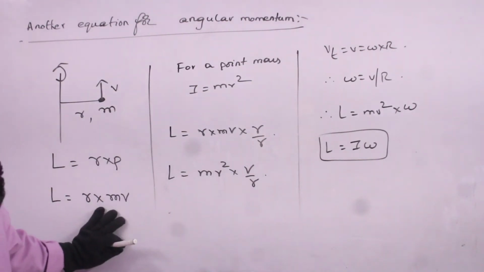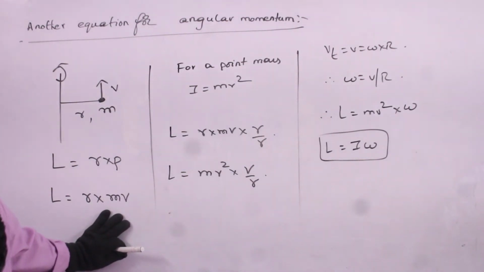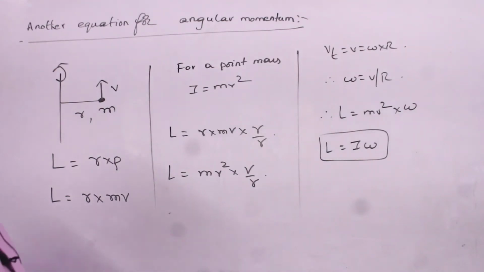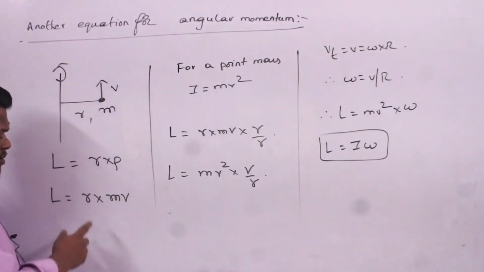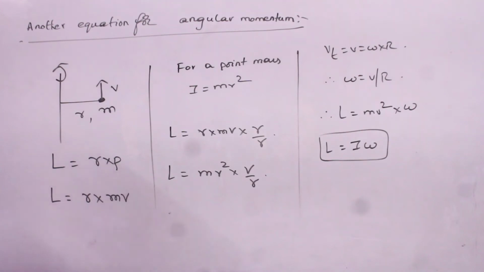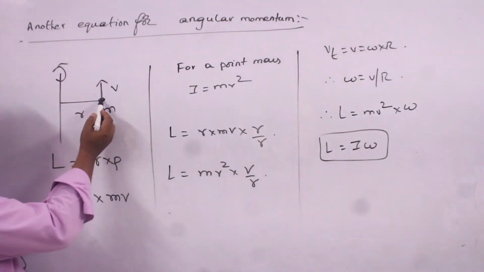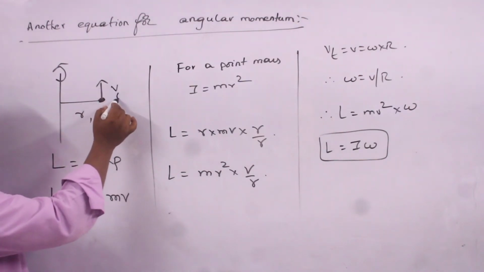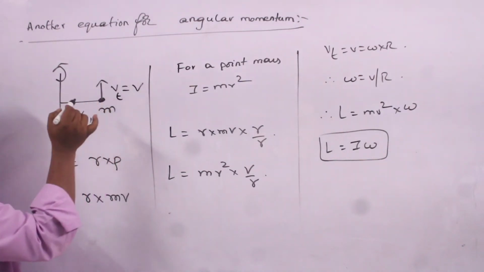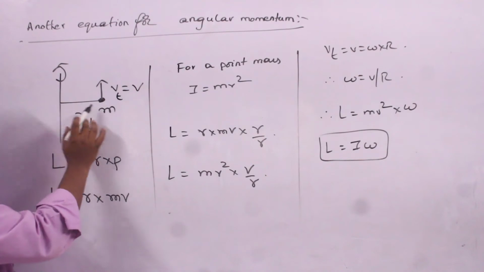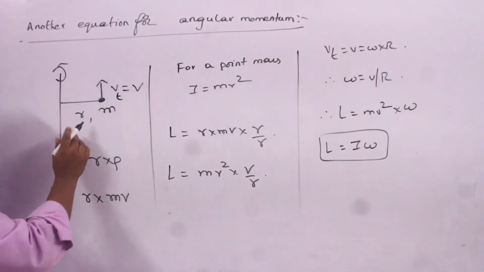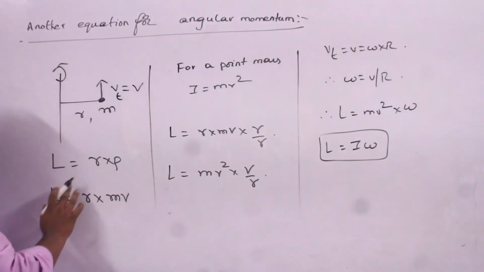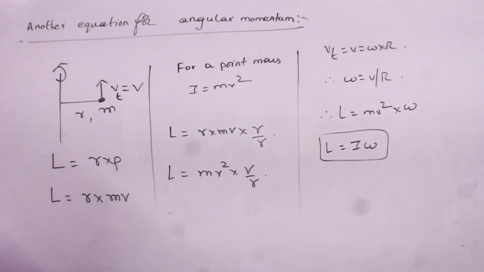One equation we have already studied: r into p, or mvr. Now see here, this is a point mass moving with a tangential speed of V, and the velocity is inside the board. The perpendicular distance is R. Then these are the equations of angular momentum.